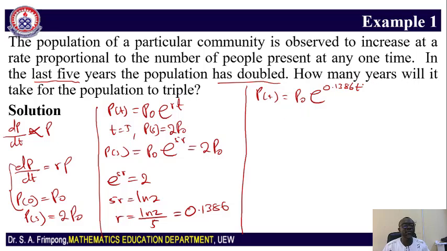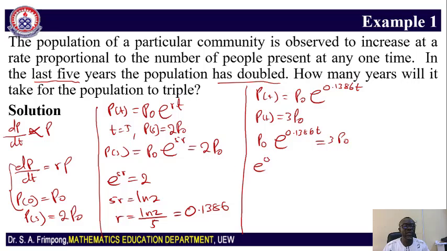Now we are being asked how many years it will take the population to triple. So we are looking for where P(t) equals 3P naught. So we just equate that one to this. So we are going to say that P naught e raised to the power 0.1386t is equal to 3P naught. Therefore the P naught cancels out.